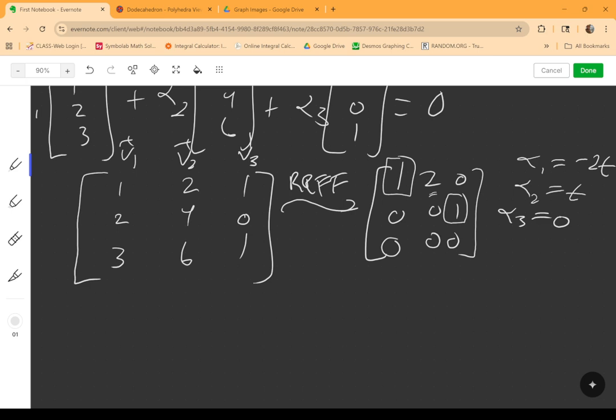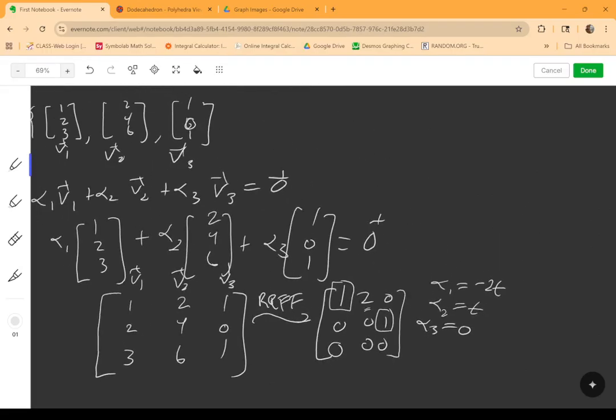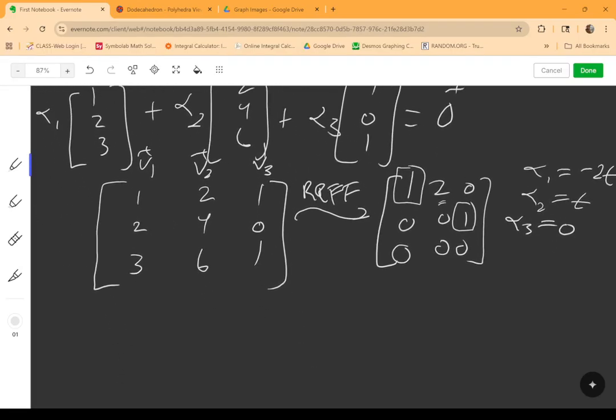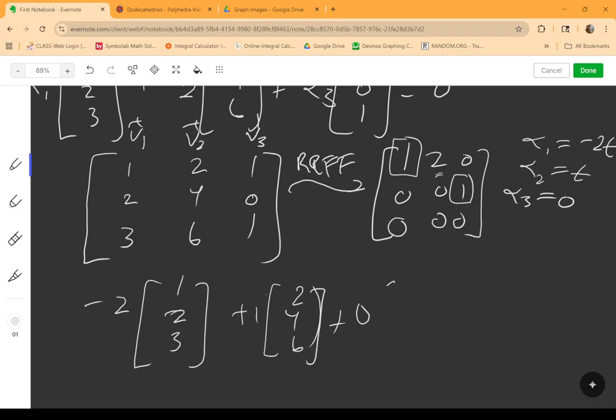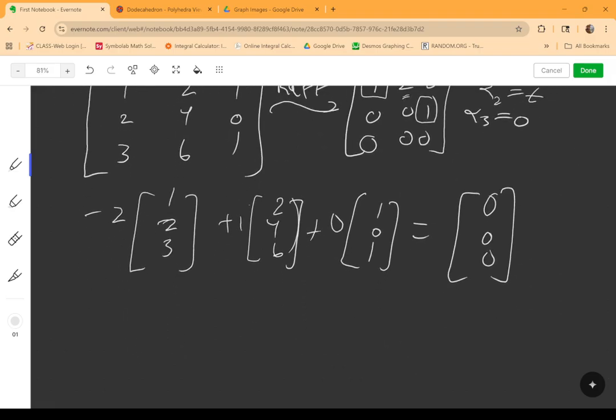So setting t equal to 1, going back to our linear relation, this means that negative 2 times v1 plus v2 plus 0 times v3 equals the zero vector.